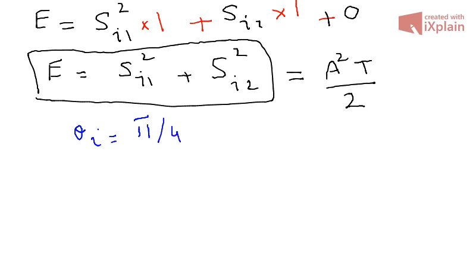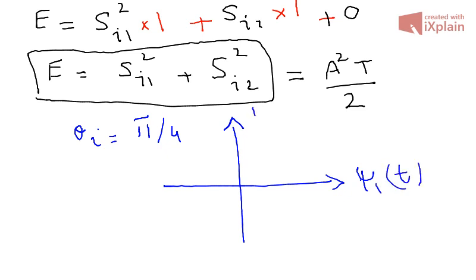So if I draw my S1 on this ψ1 and ψ2 axis, at an angle theta i, it is just this line, with a 45 degrees angle, pi by 4.